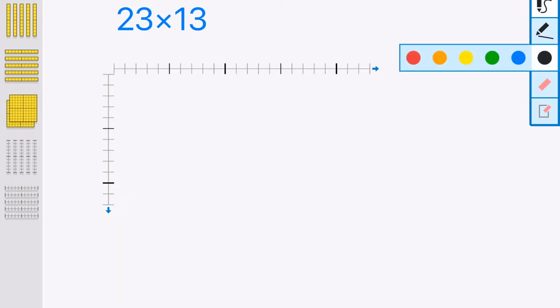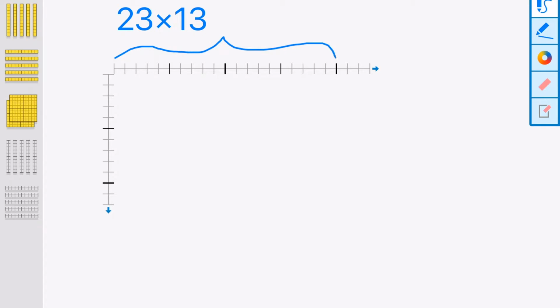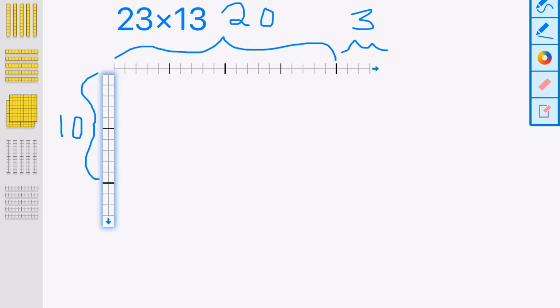We can see that here we have 2 10s for a total of 20 and then 3 1s for a total of 3. And then right here we have 10 and 3, 23 and 13.